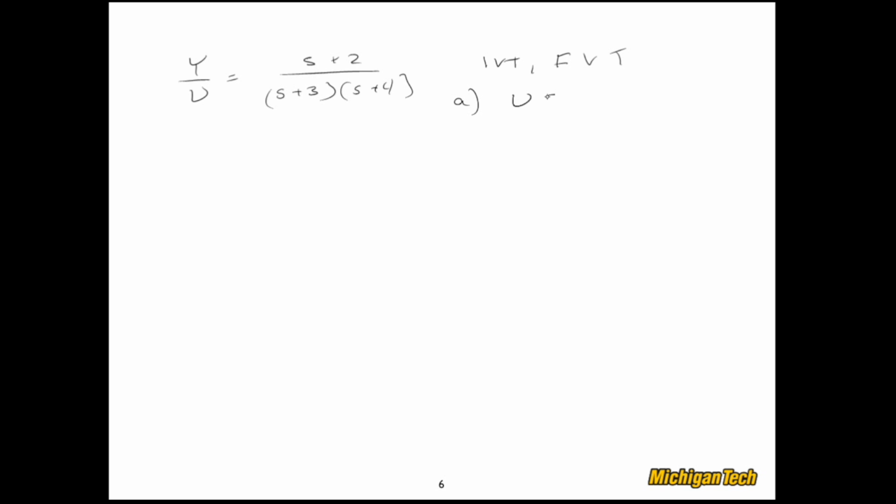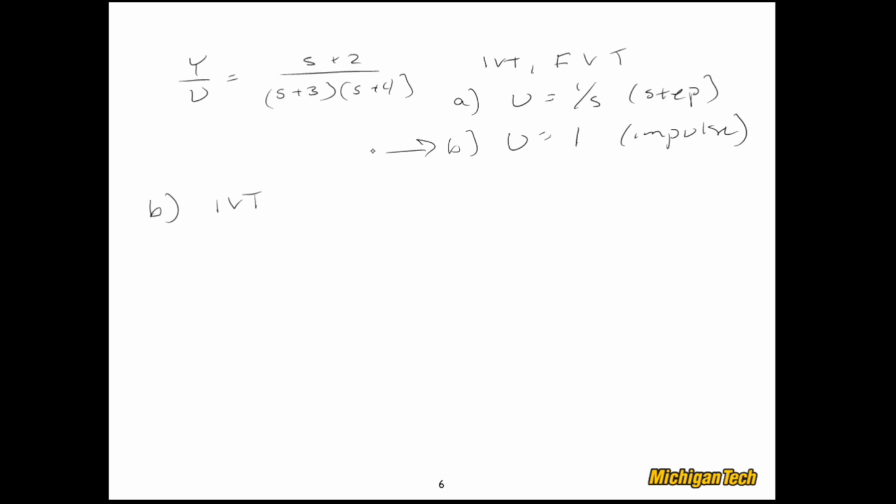A, we'll let u equal 1 over s, that is a step. And b, we'll let u equal 1, that is an impulse. Why don't we do b first, actually? So we'll start from the bottom up. So here's our b case, and let's do the initial value theorem.